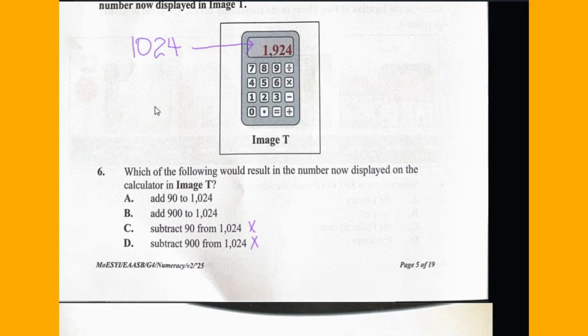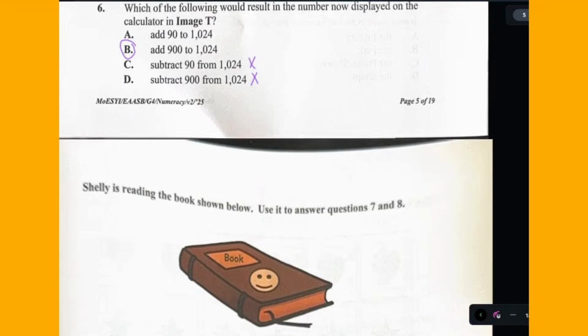So let us look at the 9 now to see what place it is in, to see if it is 90 or 900. So the 4 is in the ones place, 2 is in the tens place, and the 9 is in the hundreds place. And so the value of the 9 is 900. So we're going to choose option B, which says add 900 to 1024. Let us continue.